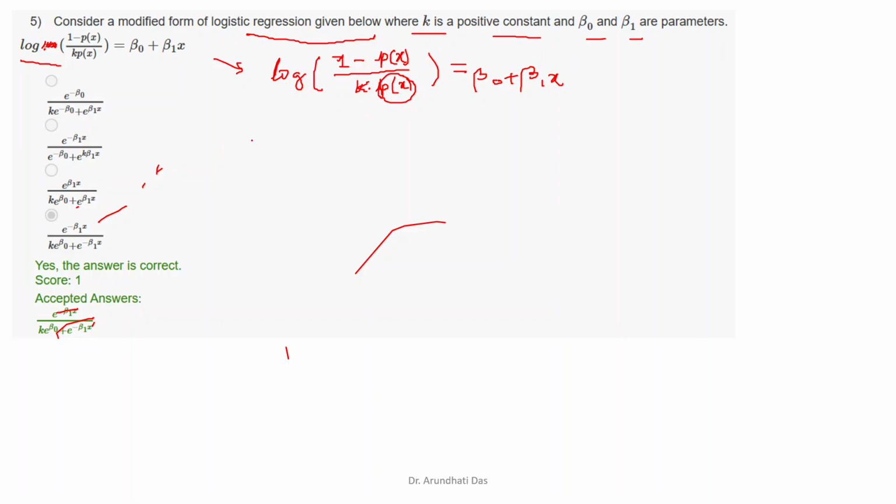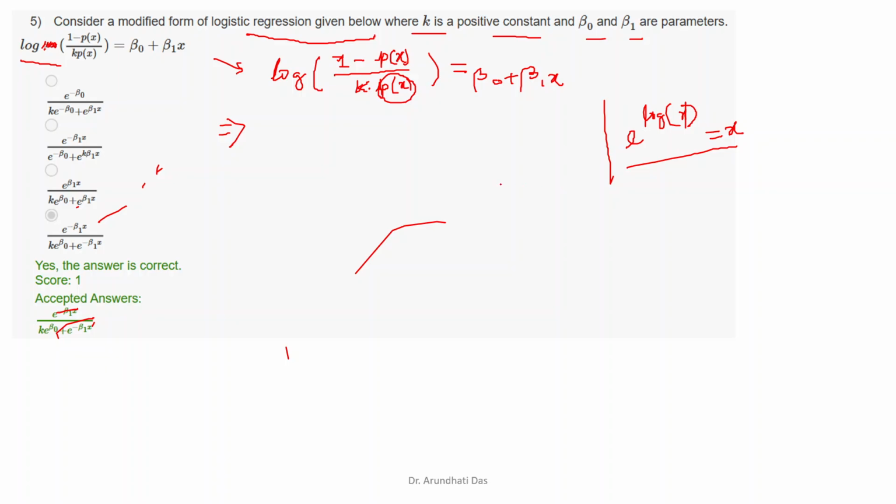If we do some calculation, if I apply exponentiation, if you remember, e to the power log of x equals x.